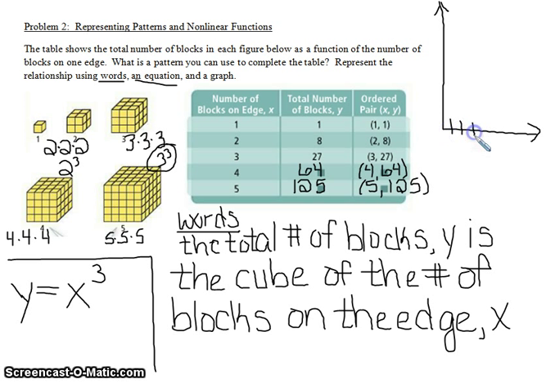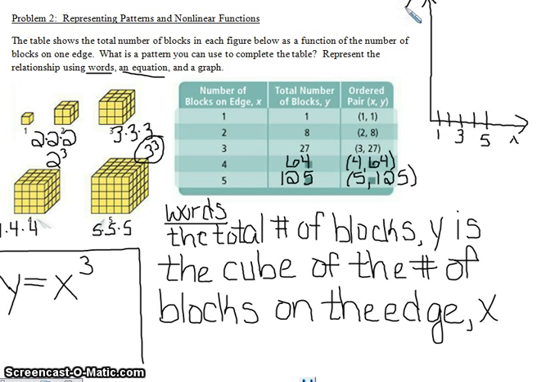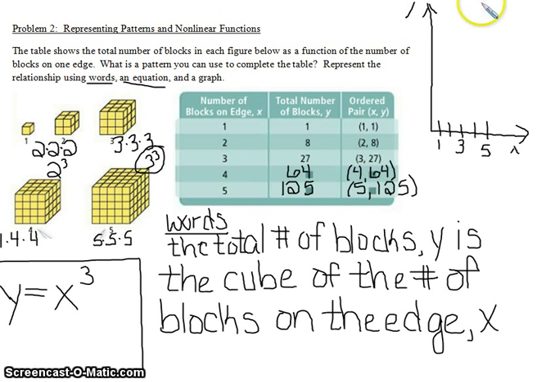For the sake of space, I'm not going to label everything, but you need to always make sure that you are labeling what your x and y axis represent.